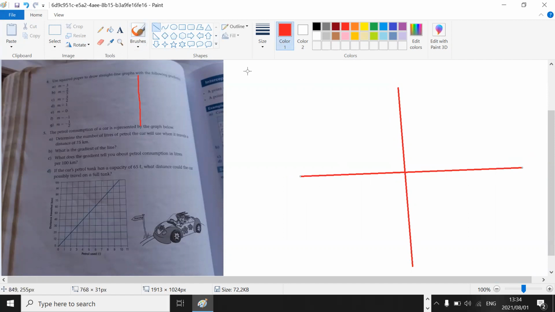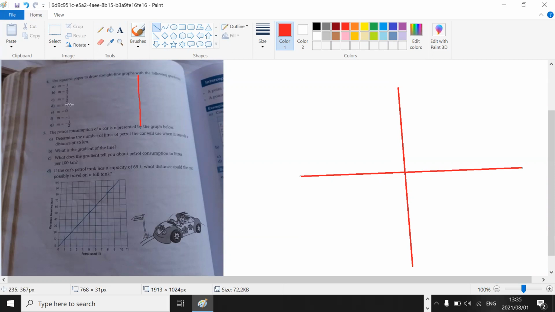So with this question, what you're supposed to do is observe if this gradient is positive or negative. You see this one has a gradient of 3, and then this one of 2 over 5, and one of 3 over 2, and this one is 1.